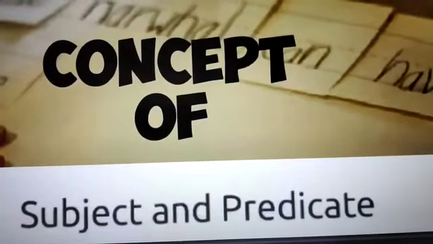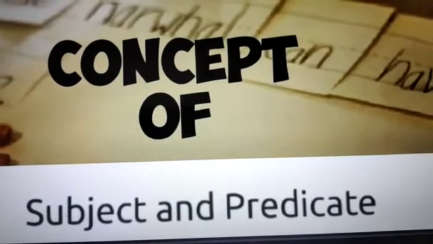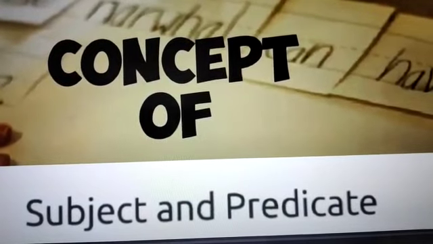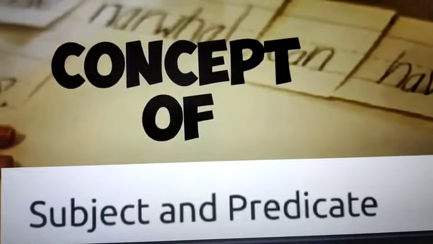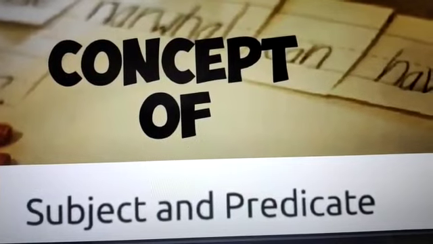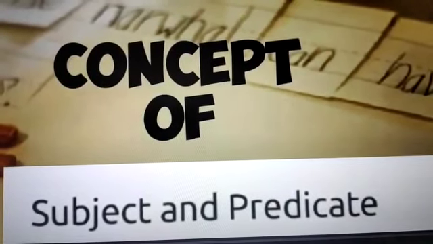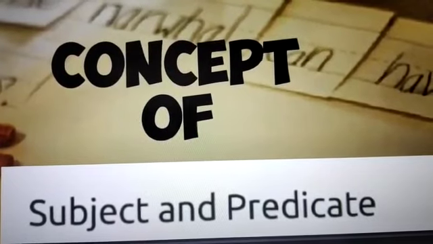Let's see. You must know the concept of subject and predicate. As you all know, a sentence has two parts: the first is the subject and the other is the predicate.